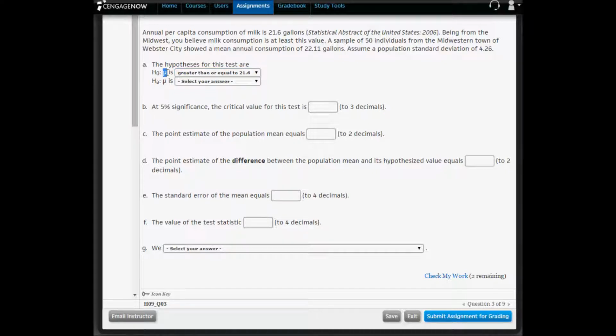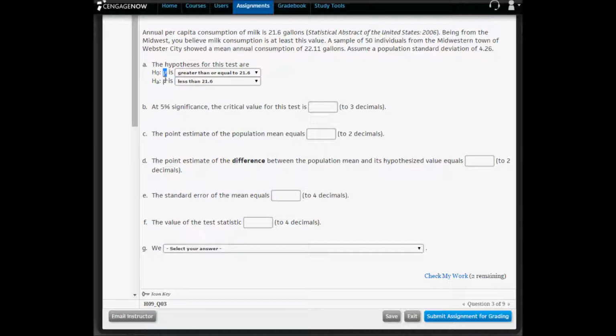Mu here is the unknown population mean milk consumption of Webster City. 21.6 is the claim from the Statistical Abstract of the United States. Now, if the null hypothesis is mu is greater than or equal to 21.6, then the alternative hypothesis is mu is less than 21.6.